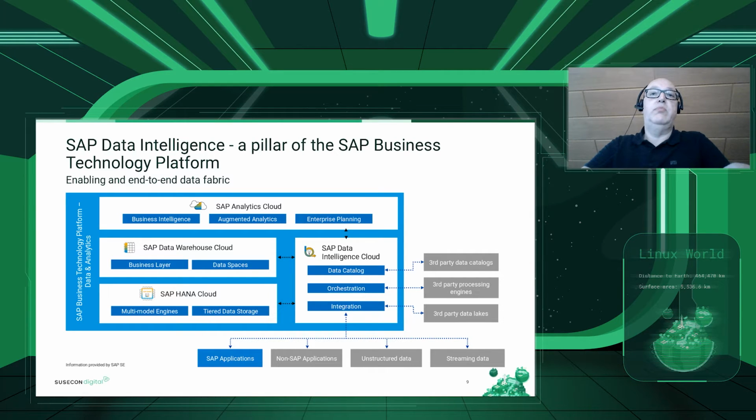Therefore, it is not easily possible to get the best value out of the data because you cannot connect the data in different ways. So SAP Data Intelligence is the tool to get the best out of your data by connecting SAP applications with data from non-SAP applications, as well as from unstructured data like Hadoop file systems or other kinds of data lakes.